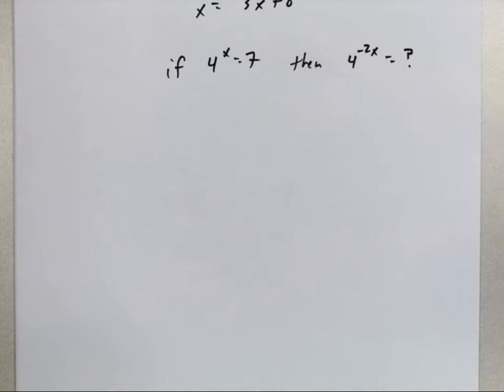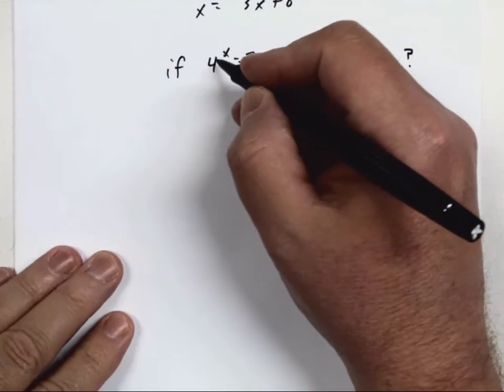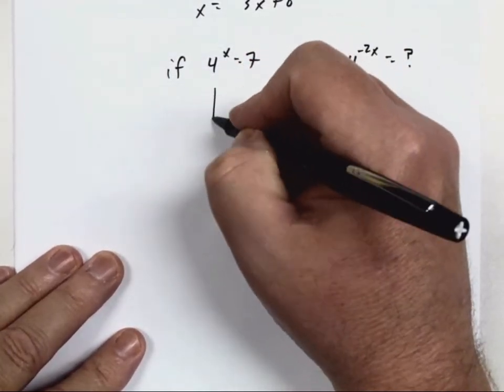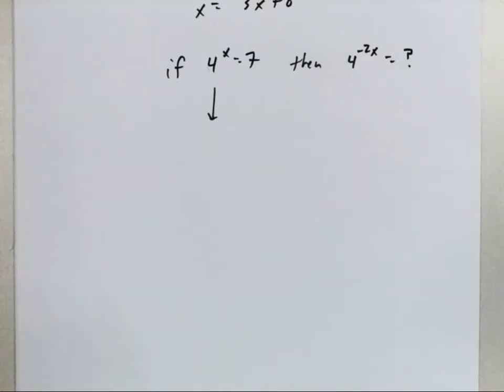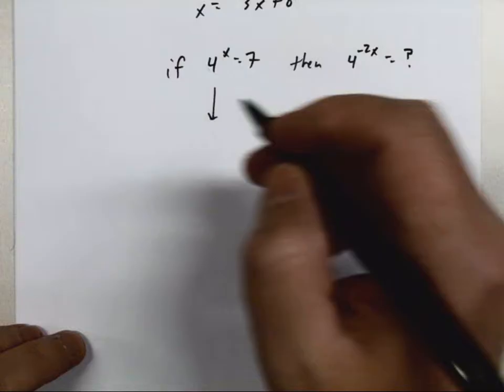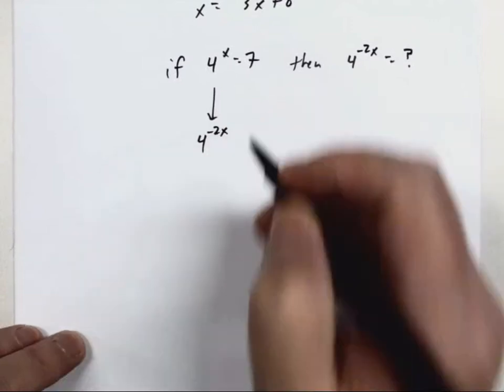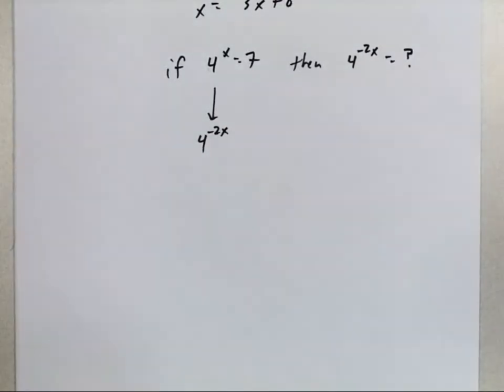What we're going to do in a sense, we're going to just do some math where what I really want, I'm starting with 4 to the x. I want to do whatever I have to do to the 4 to the x, and I want to change it until it becomes 4 to the negative 2x.